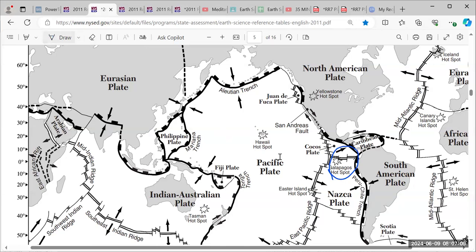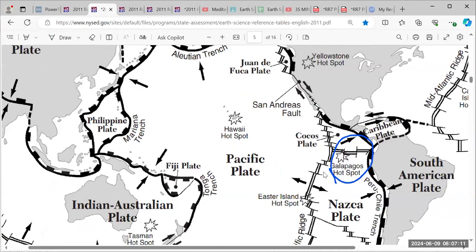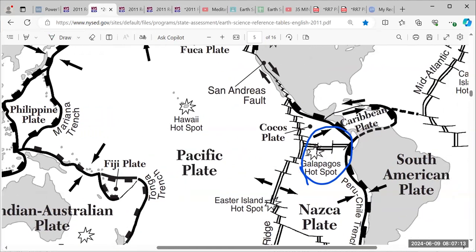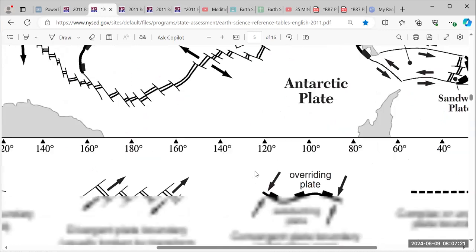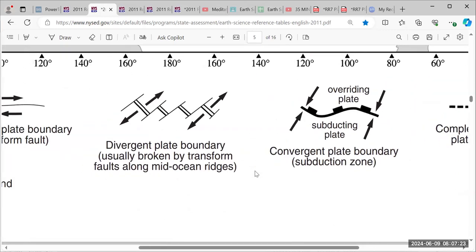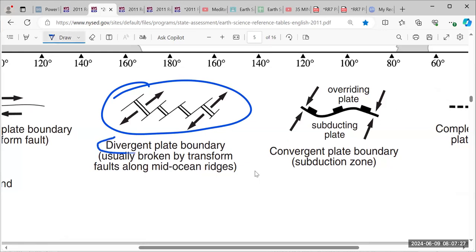And what symbol, because the question asks for what type, not the name, just what type. These symbols right here where these lines are, you see these double lines? That symbol is the same double lines as what type of plate boundary? Right here. So your answer for 20 is divergent plate boundary.